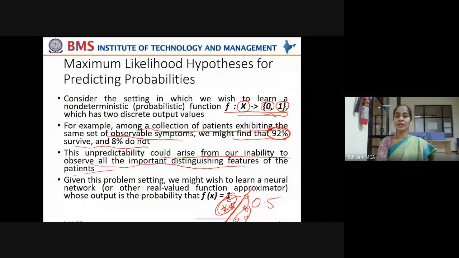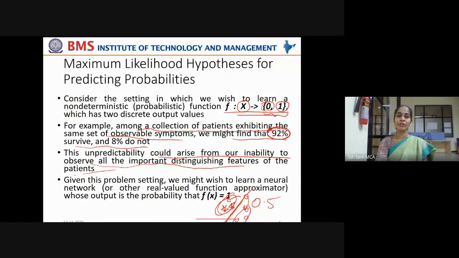So this unpredictability could arise from our inability to observe all the important distinguishing features of the patients. That is why we are not confidently stating that 100% of the patients with these symptoms will survive. We are always taking a chance of only 92% are surviving, and we have a doubt with 8% of the patients. There is uncertainty in your statement, because you can't cover each and every feature of the patient in real time.